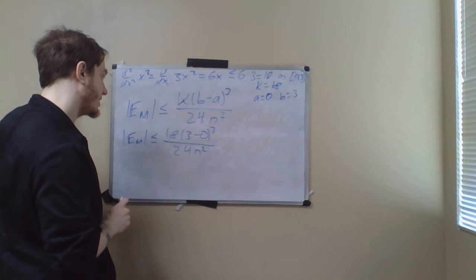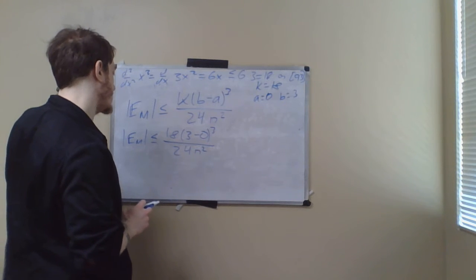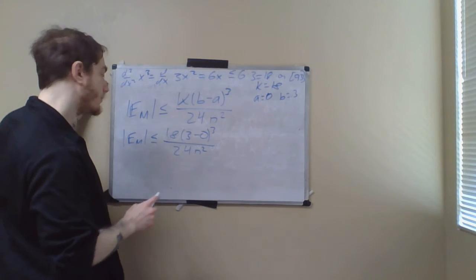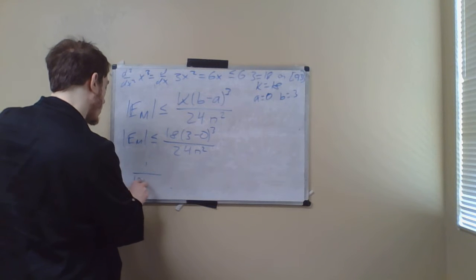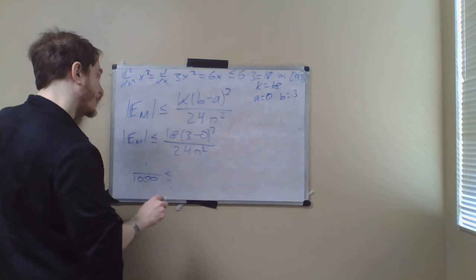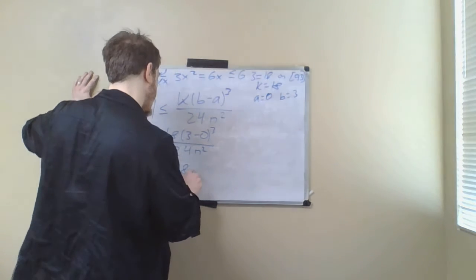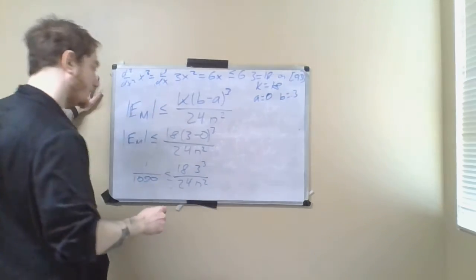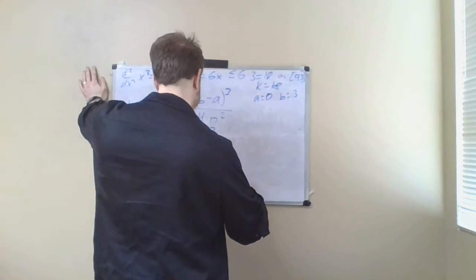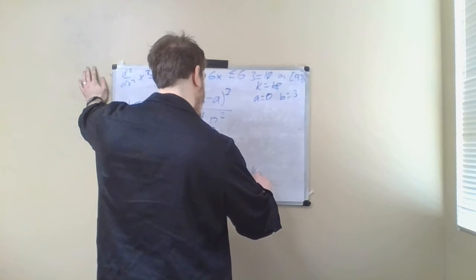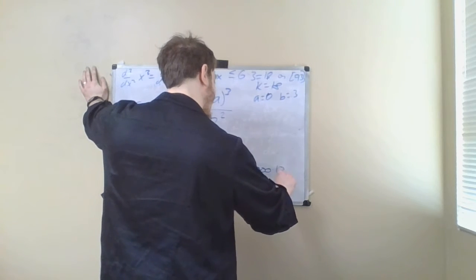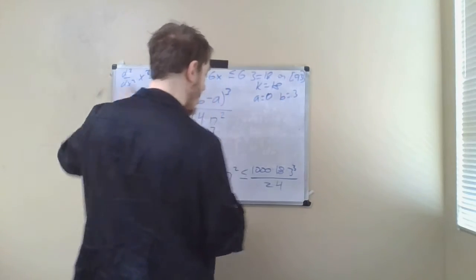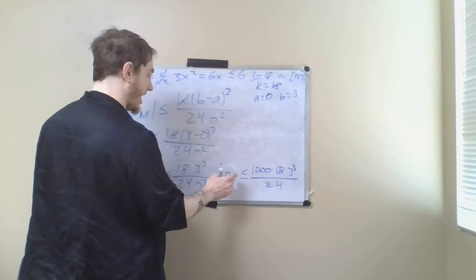Now I want the error to be less than 1 over 1,000. So I want 1 over 1,000 to be greater than or equal to 18 times 3 cubed divided by 24n squared. This means that n squared should be at least 1000 times 18 times 3 cubed divided by 24.